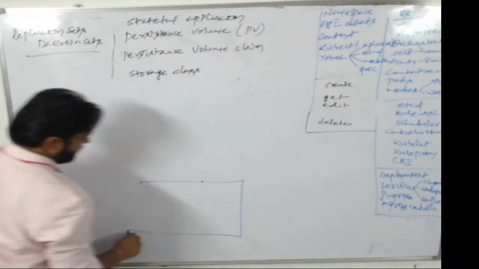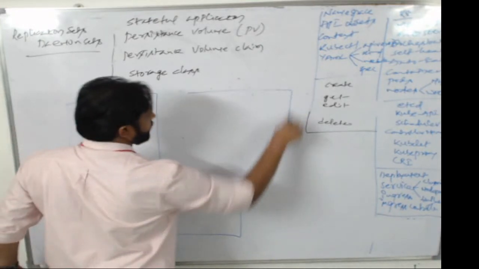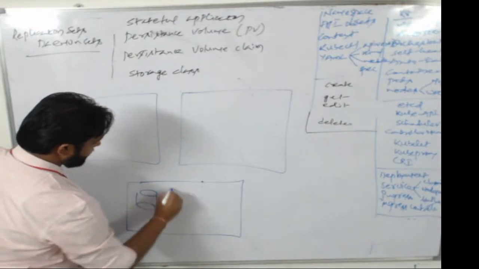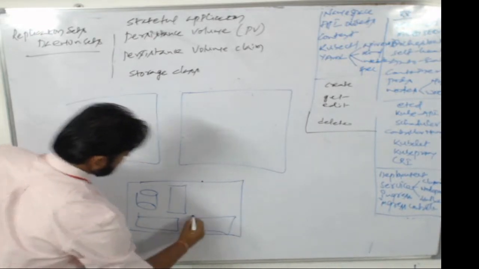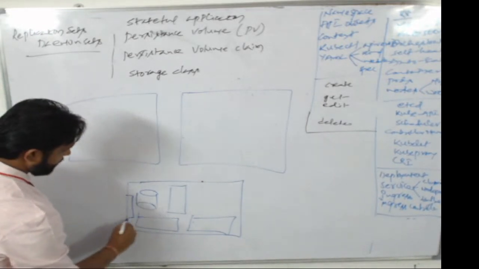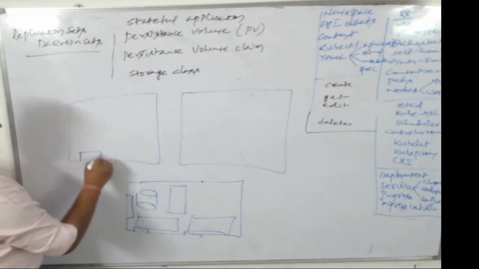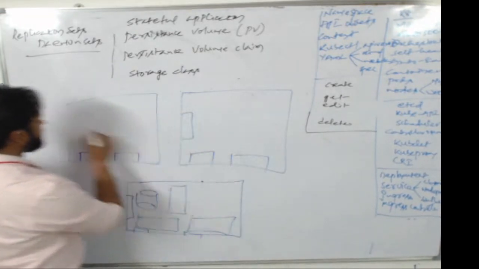Master, worker 1, worker 2, isn't it? So you have etcd, API, scheduler, controller manager, CRI, kubelet, kubeproxy. So kubelet, kubeproxy, kubelet, kubeproxy, CRI.